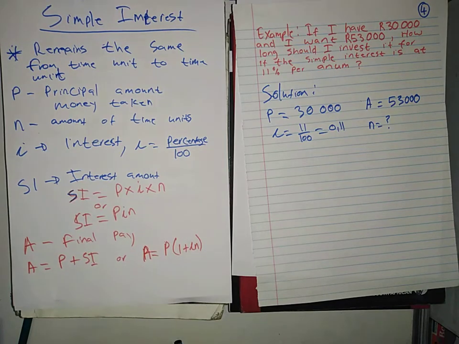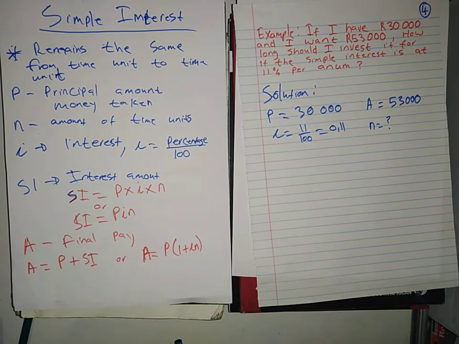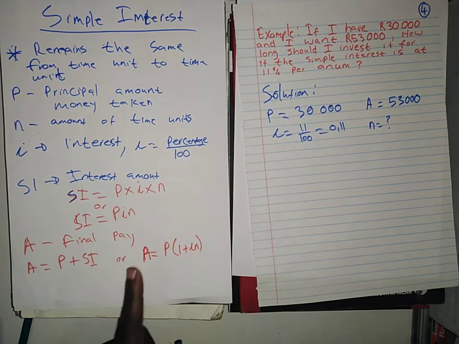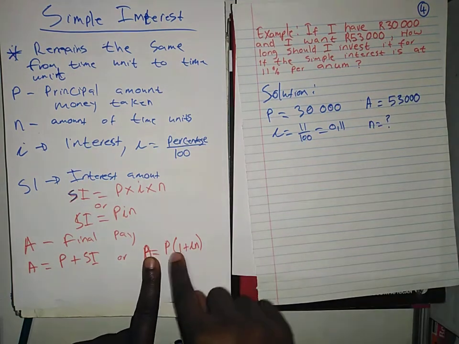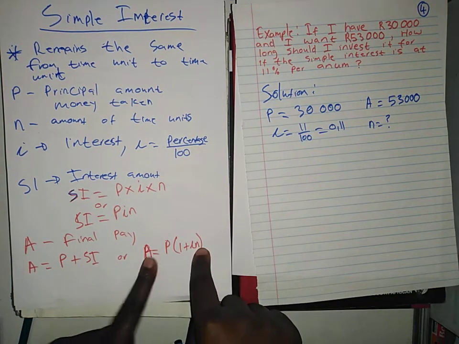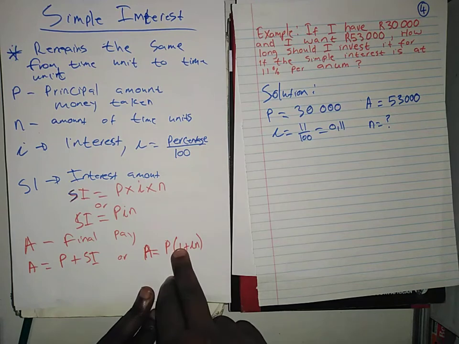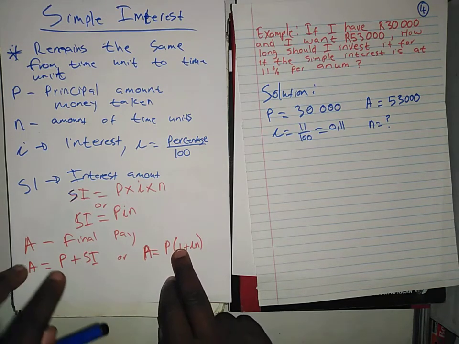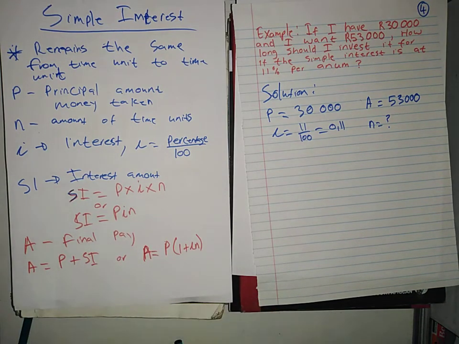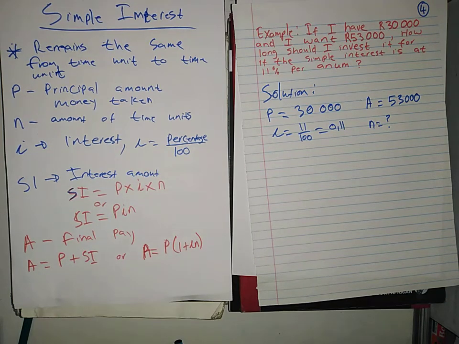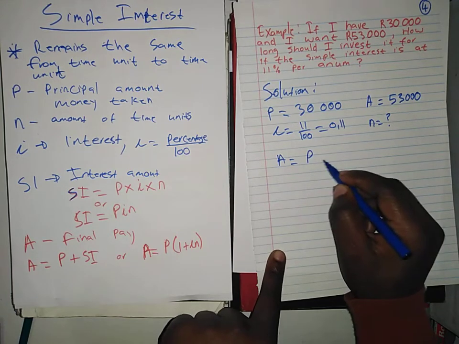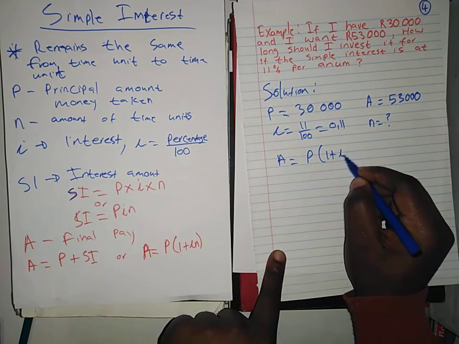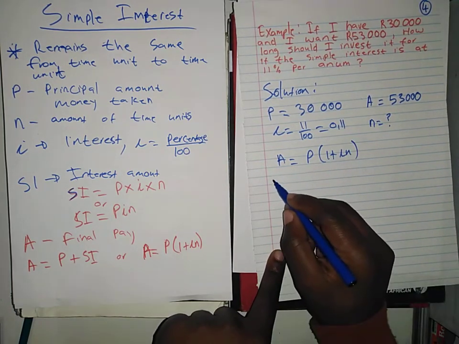To make things easier for you, you must always pick the formula that has what you are looking for and what you are given. This one has A that you already have, P that you already have, I, and then n. You can play around and still use the other formula, but to make things easier for yourself, this is the formula to go with. So you say A is equal to P times (1 plus I n).